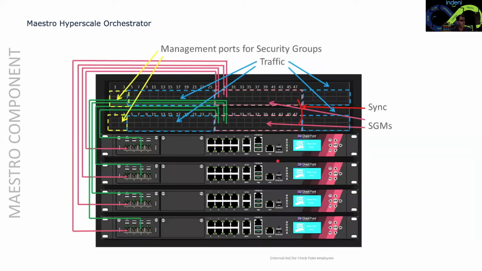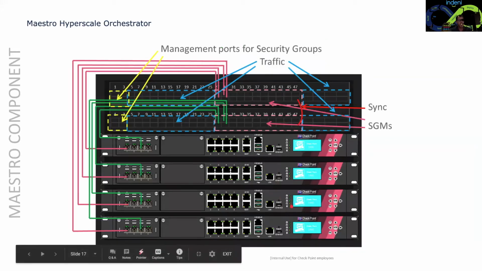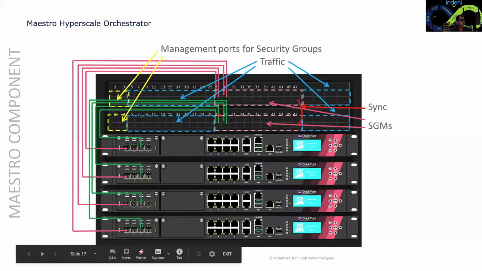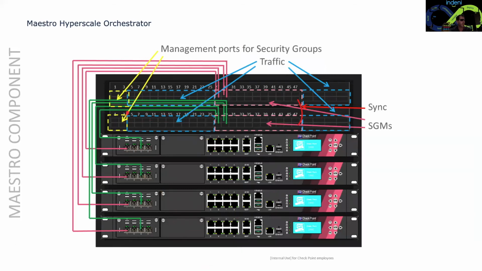If we go a bit lower, I think this is the lowest we will get in terms of low level. There are 4 types of interfaces. There are the management ports to manage the actual orchestrators. And there are the traffic uplinks, the blue ones, which are connected to the external switches.